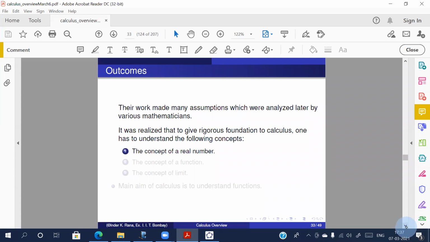For example, the concept of what is a real number became very prominent to analyze. What is a function, that was not known at that time. How do you define a function? Nowadays, in our classrooms, we define a function as a correspondence from one set to another, and within 1 minute the function is defined.